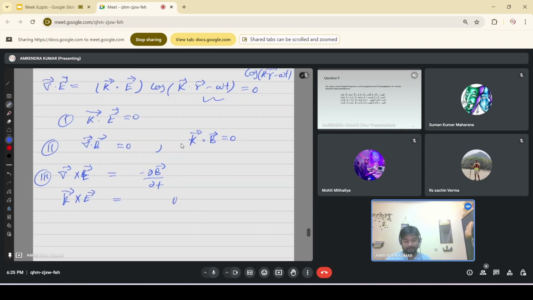So omega will be here, and minus minus will be plus, and it will be like del B over del t. So both sides will cancel out. So it will be like B naught and k E naught, and this will be k by omega.